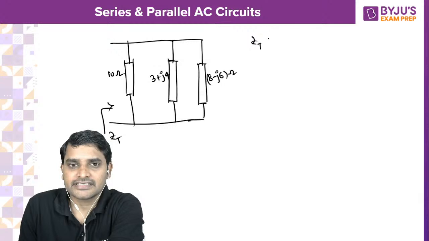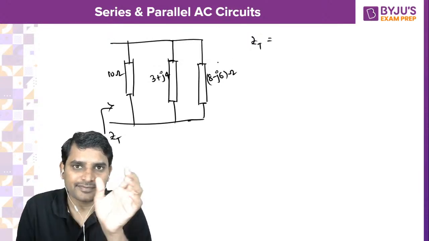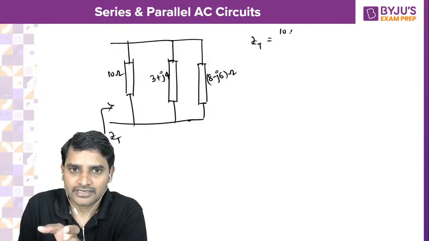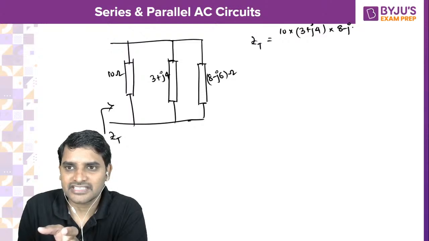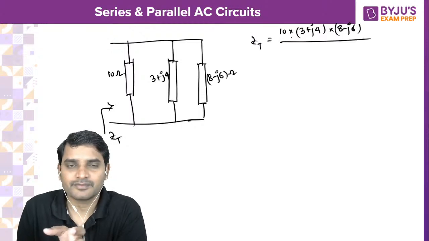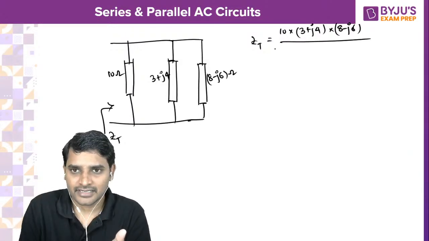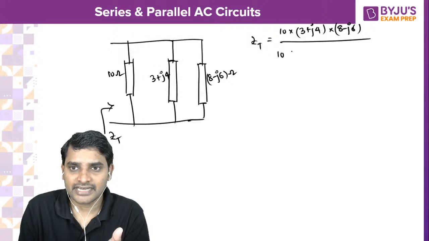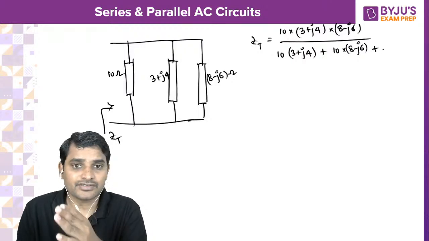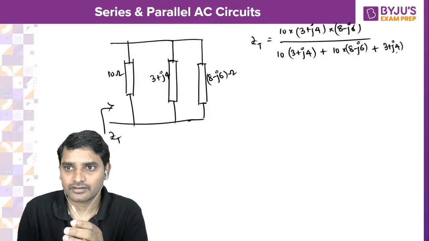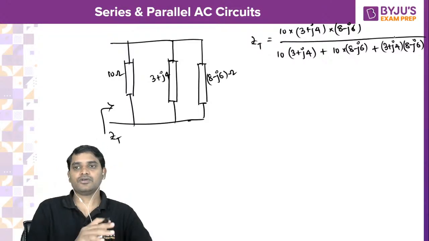So ZT is Z1 Z2 Z3, that is 10 into 3 plus j4 into 8 minus j6, divided by Z1 Z2 plus Z1 Z3 plus Z2 Z3, that is 10 into 3 plus j4, plus 10 into 8 minus j6, plus 3 plus j4 into 8 minus j6. So this is how it looks.